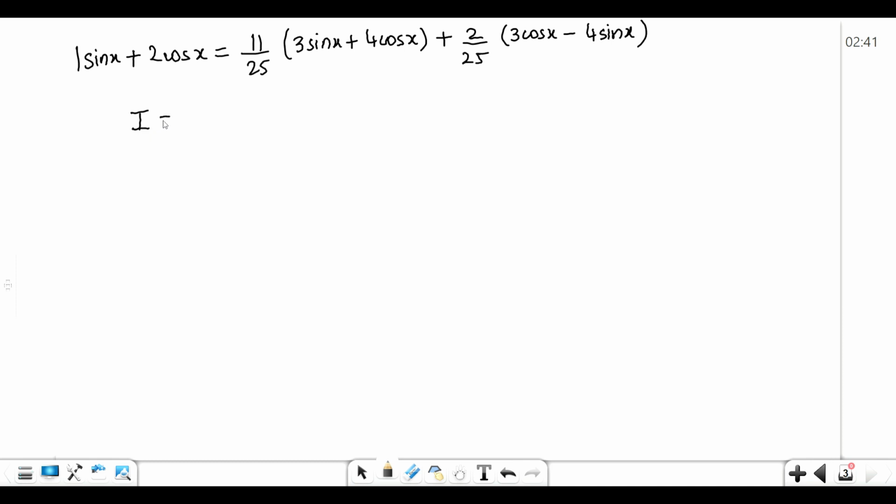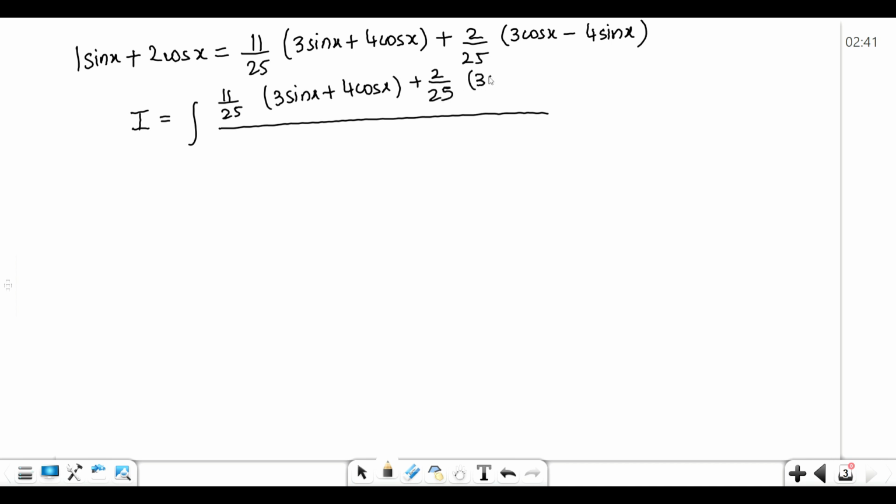Now I'll use the integration I. In the numerator we will have this big term over here: a times (3 sin x plus 4 cos x) plus 2 upon 25 times (3 cos x minus 4 sin x), and in the denominator it will be 3 sin x plus 4 cos x. So in the numerator we have these two terms and a common denominator, so we give this denominator to the first term as well as the second term.